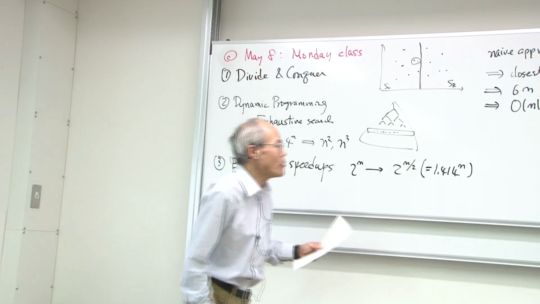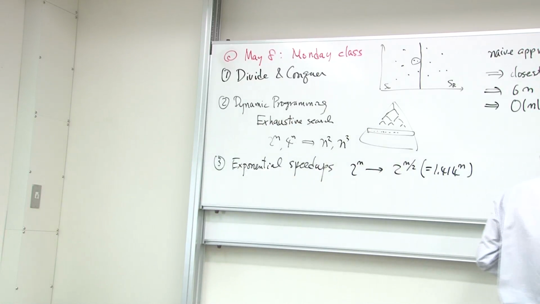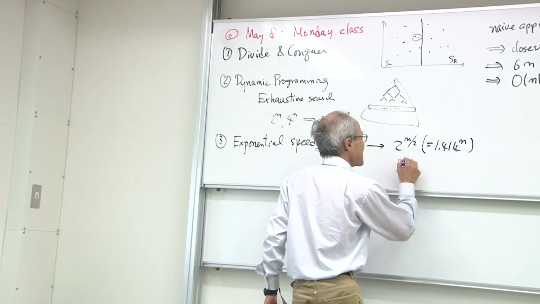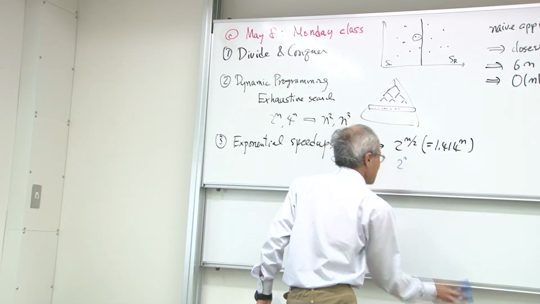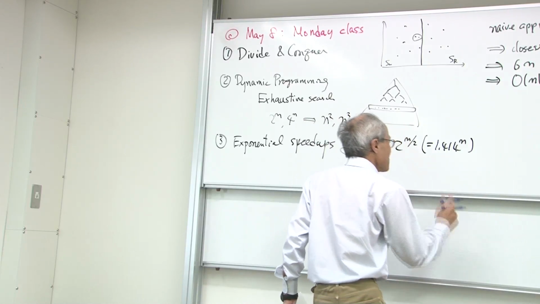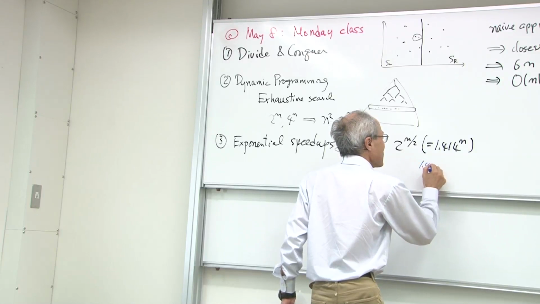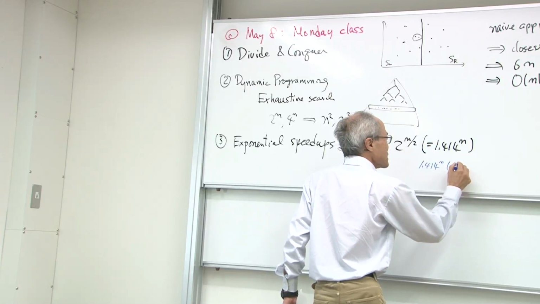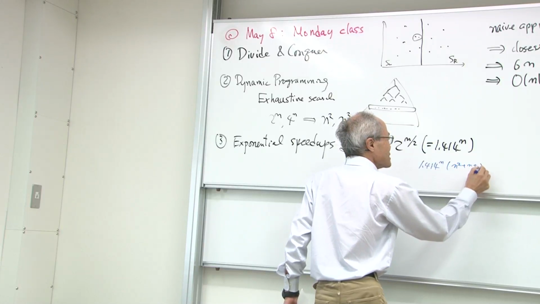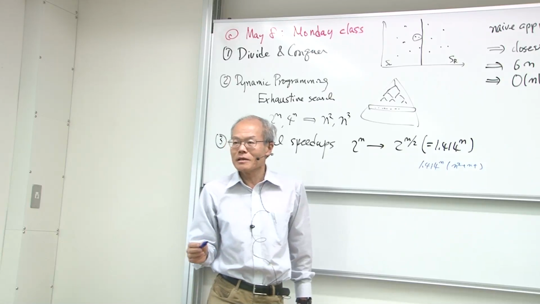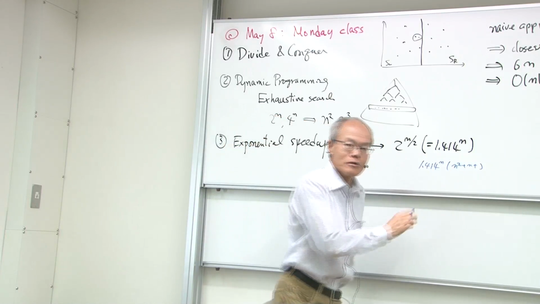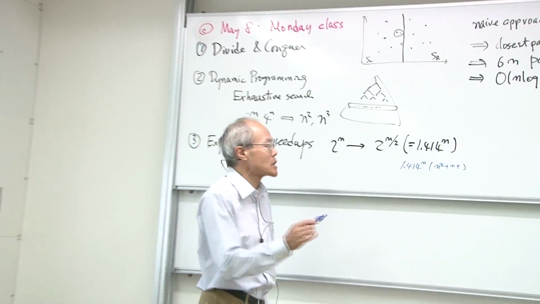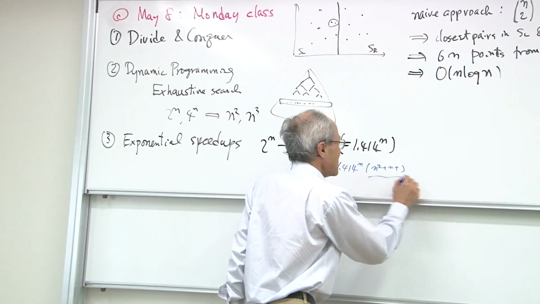Or maybe it might be a little bit more, something like 1.414 to the n times something like n squared plus n plus 1. So usually we have a polynomial coefficient like this, but we usually ignore this kind of polynomial.